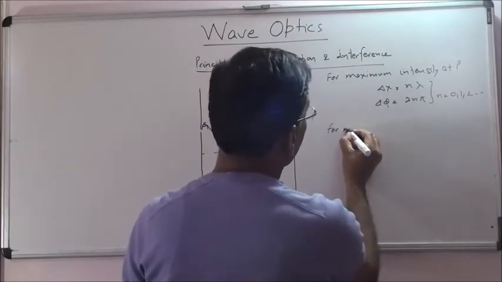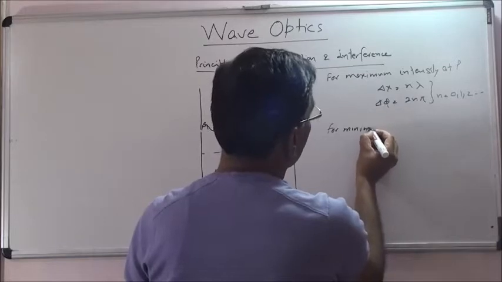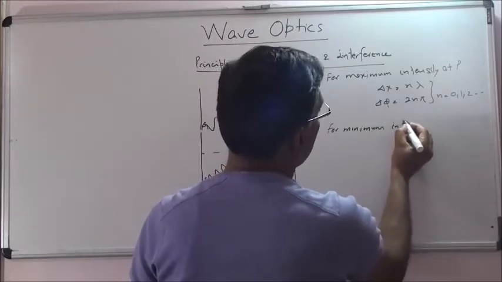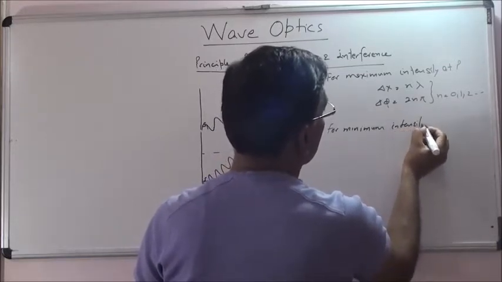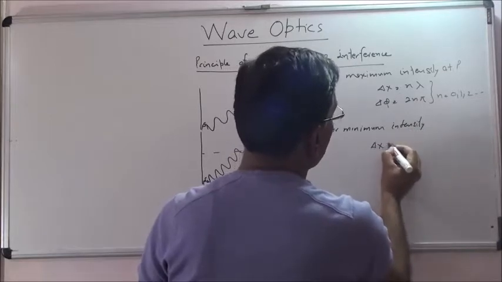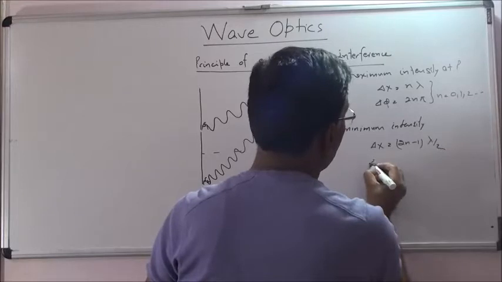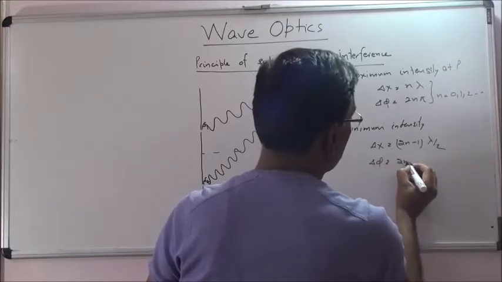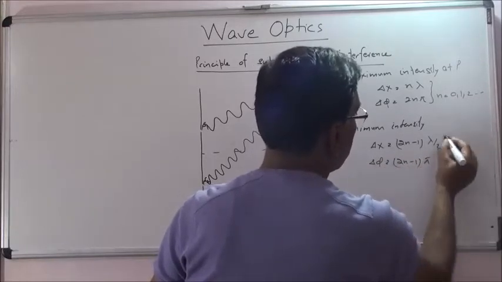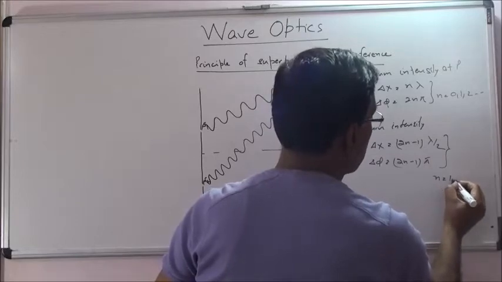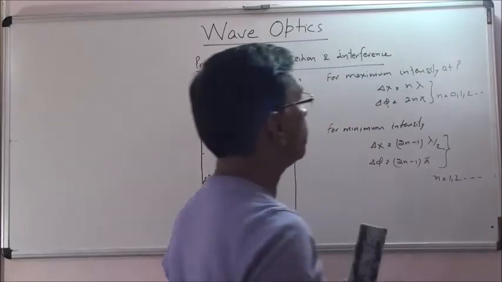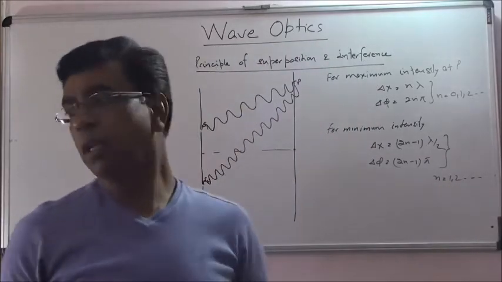For minimum intensity, the path difference is 2n minus 1 lambda by 2 and the phase difference is 2n minus 1 pi, where n is 1, 2, 3, 4.